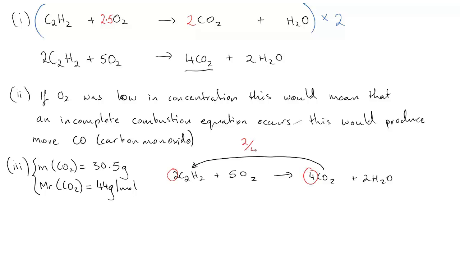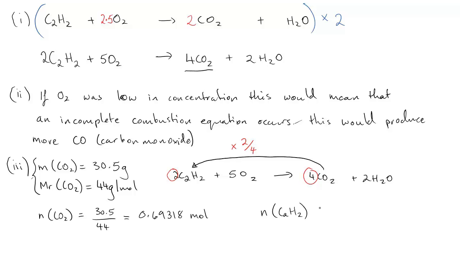So 2/4, and we multiply. So the mole of carbon dioxide is 30.5 divided by 44, which is equal to 0.69318 mole.